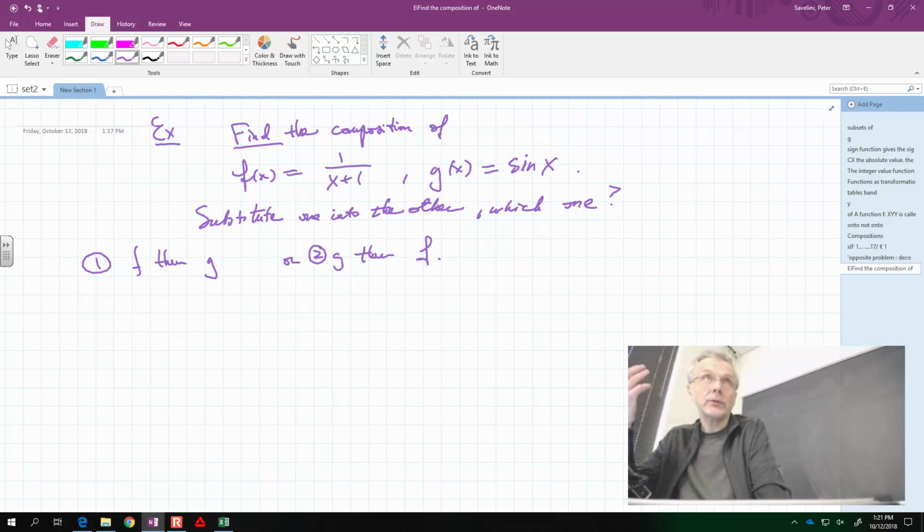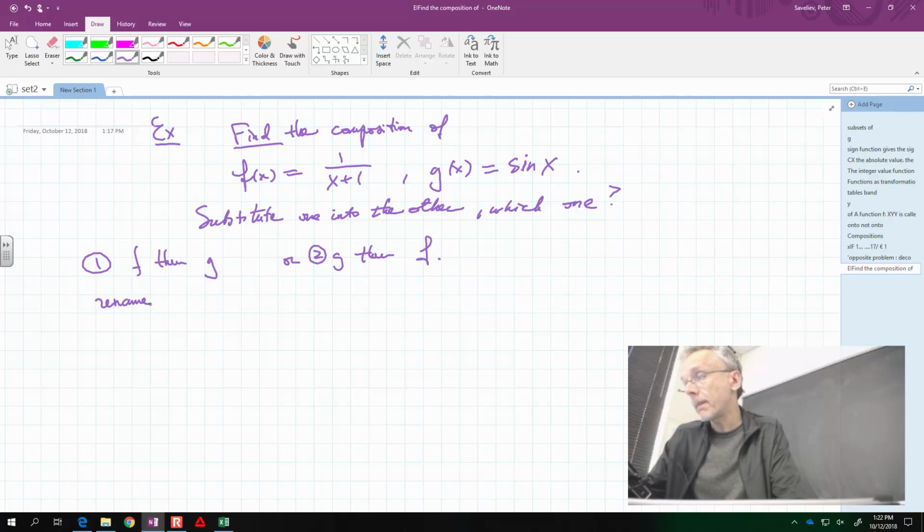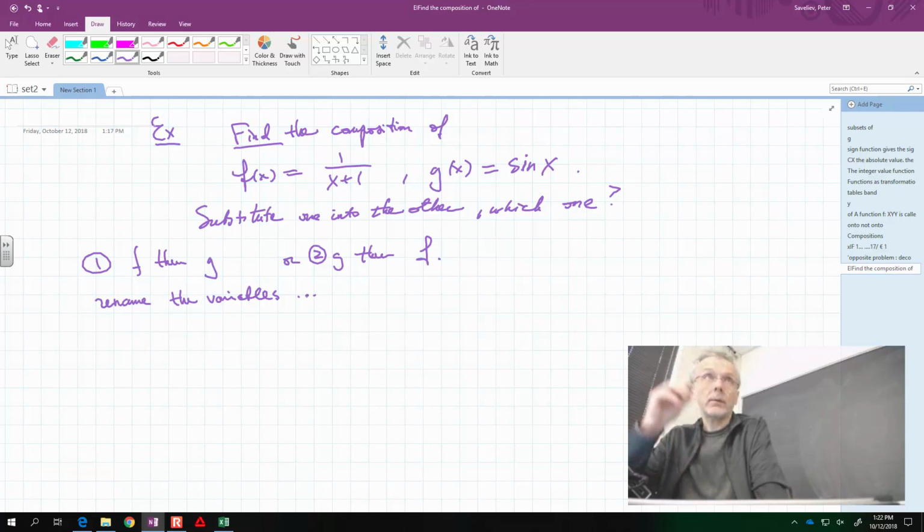How I would suggest, even though you probably can do it quickly and just from intuition, is to take care of the variables. So I rename the variables for the purpose of knowing where the substitution is going to be. So before you start doing any substitution, you sort of align things just right, so you know where it goes.